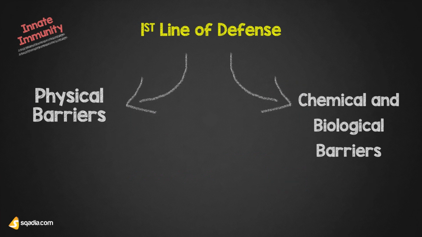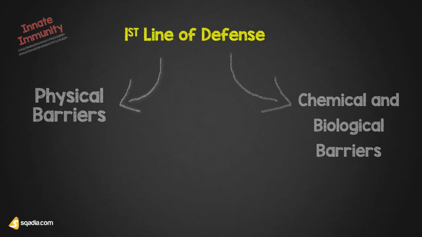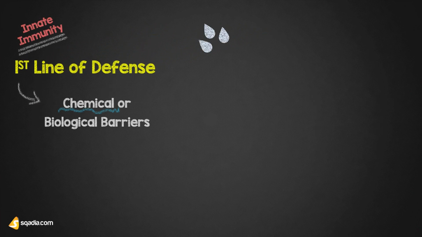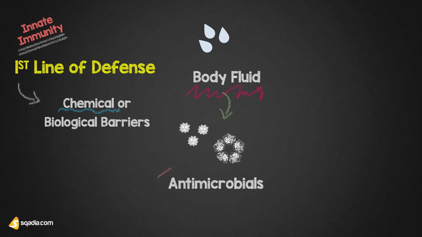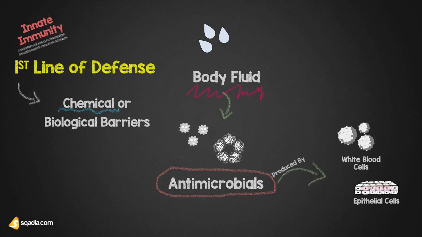Now, if we look at the biochemical barriers, a lot of the bodily fluids that are released contain antimicrobials. As for the antimicrobials, short-chain fatty acids and peptides act as antimicrobials. White blood cells and epithelial cells produce the short chains and peptides of these fatty acids.